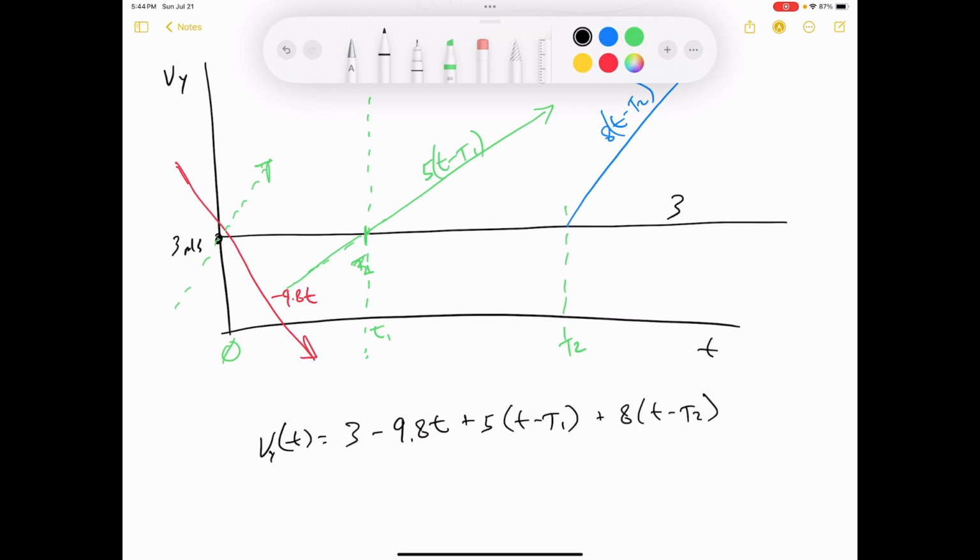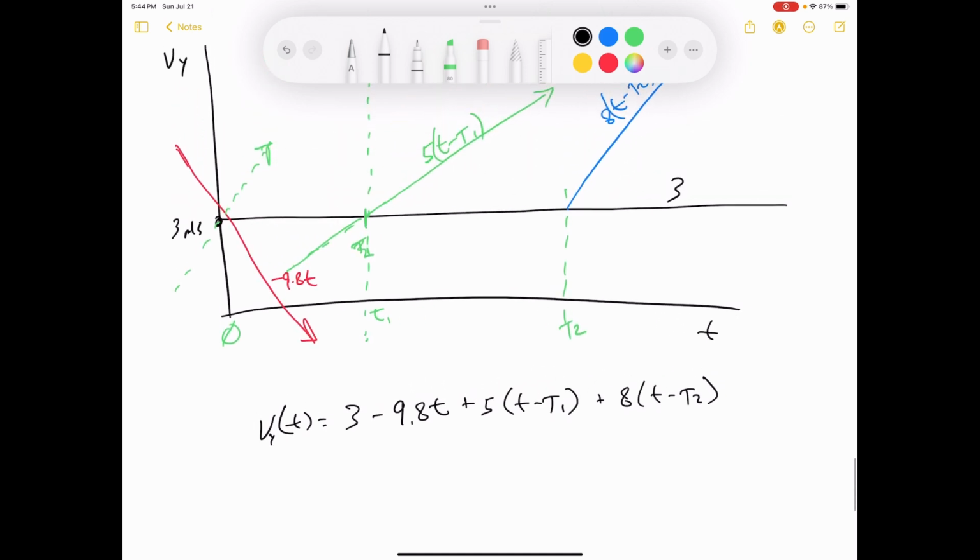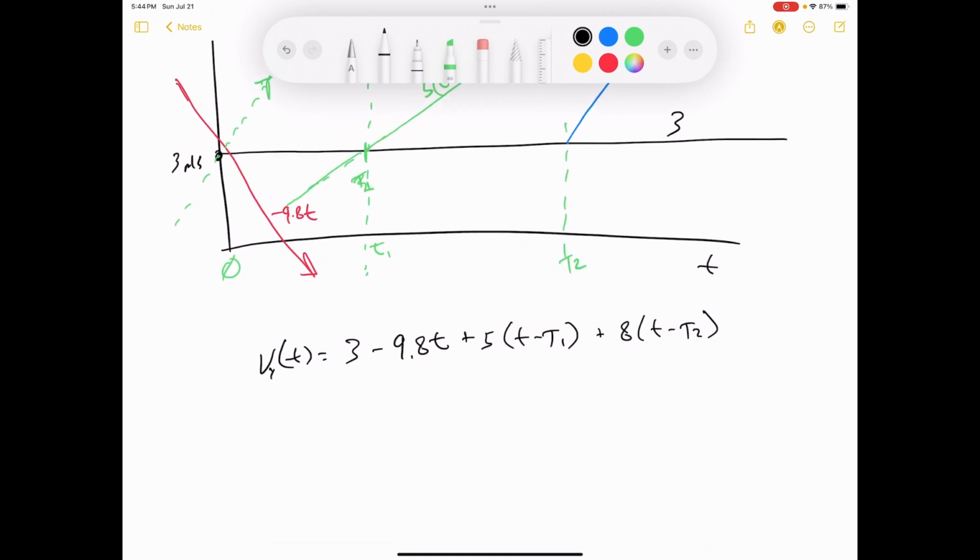And there's your velocity as a function of time for this more complicated scenario where there are multiple forces acting on the baseball along its flight path at different times.